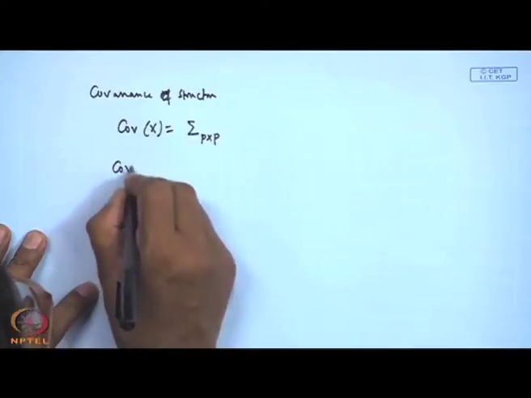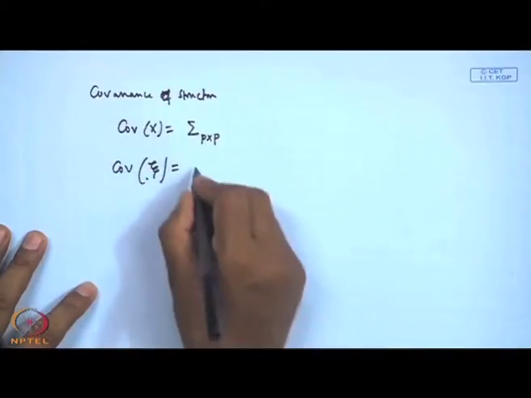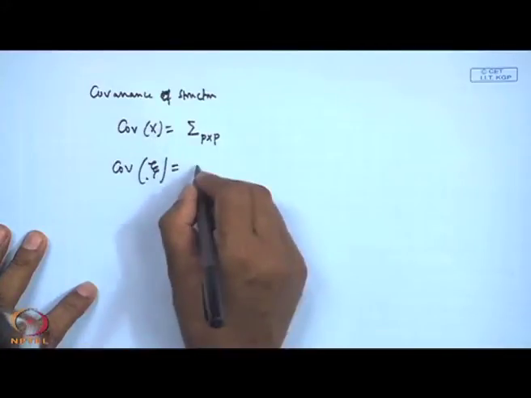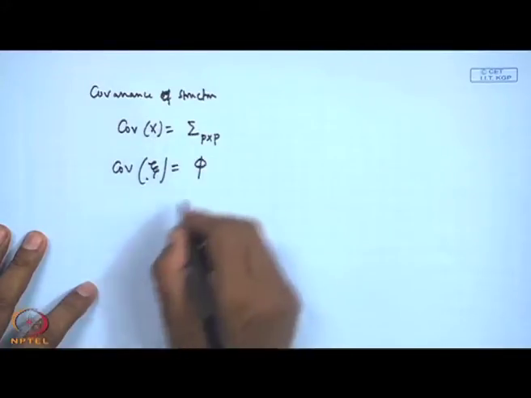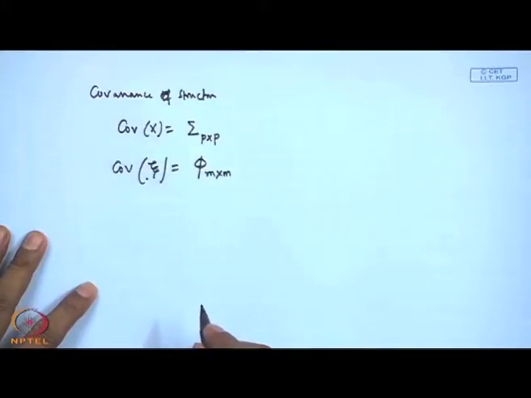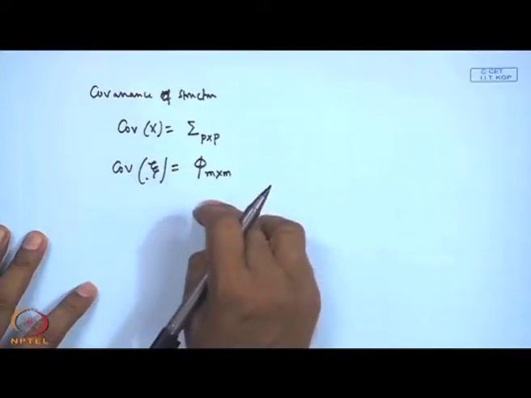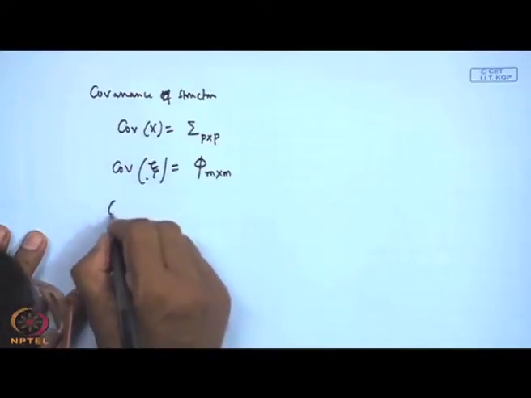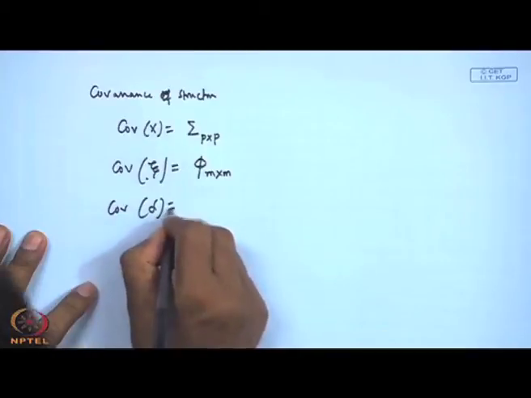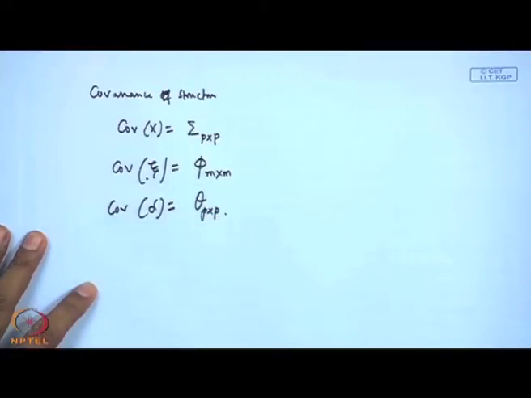Then there is the covariance structure for the xi latent construct, which will be phi, an m cross m matrix, not diagonal, but symmetric. Then the covariance of delta, which we call theta, p cross p.